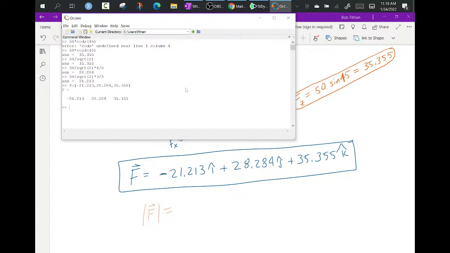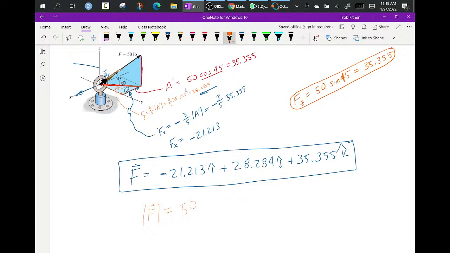It looks like I have 3 components there. There's a thing called a norm associated with that, and the norm is the square root of the sum of the squares. What you find out is it's exactly 50. Why would it be 50? Because that's what it's supposed to be.